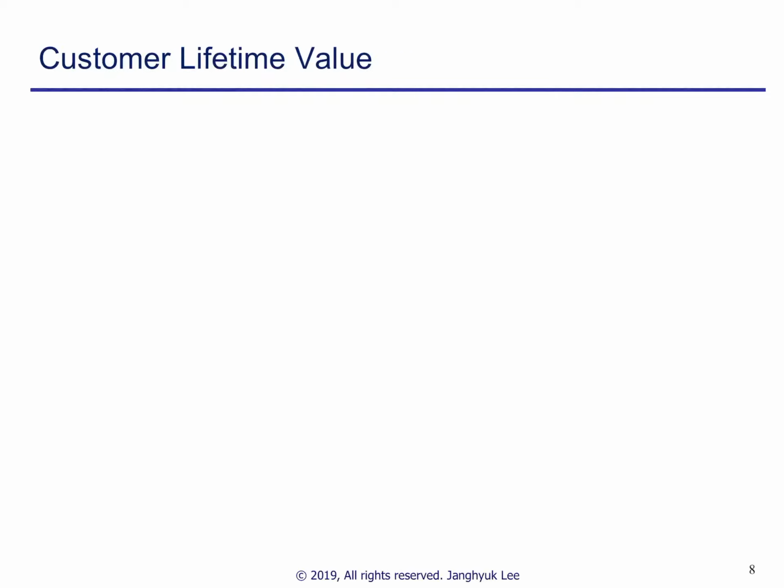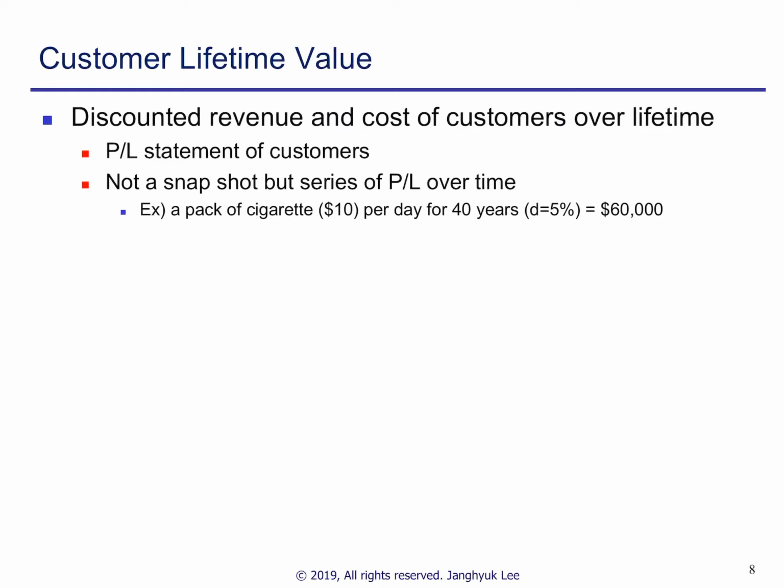So now it comes to the final stage of the marketing process. I want to be a little bit more specific related to this customer lifetime value concept. What is it? Let's look at customers over their lifetime. Imagine a tobacco manufacturer.